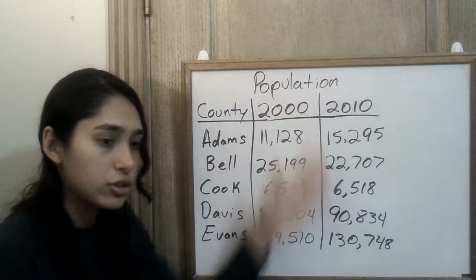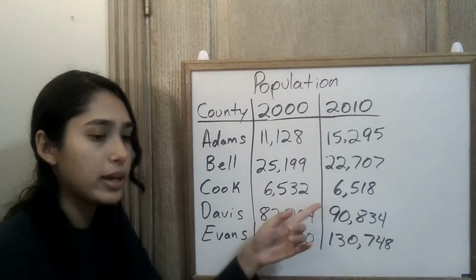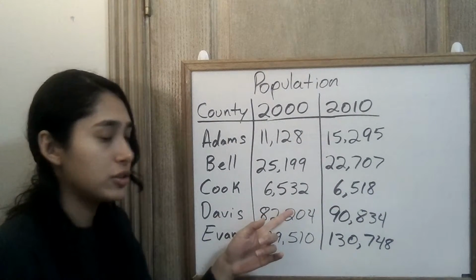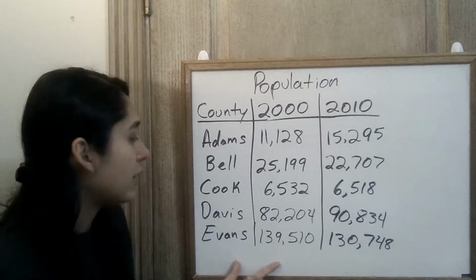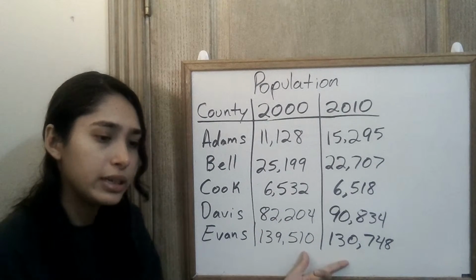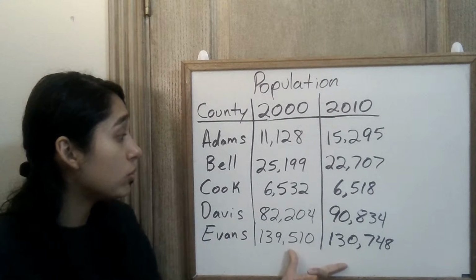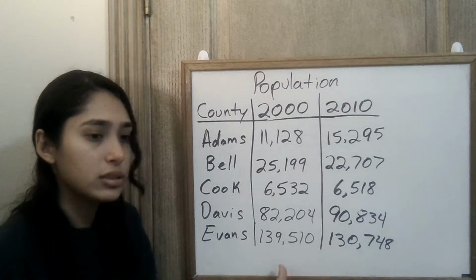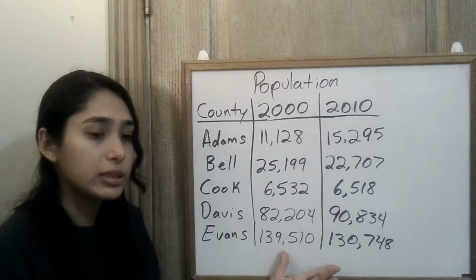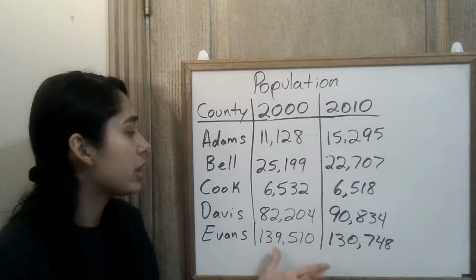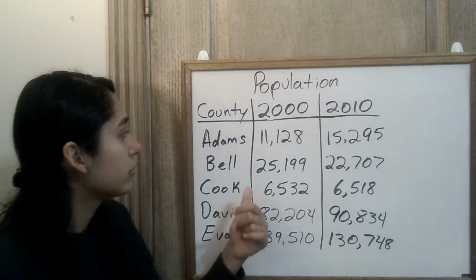But other than that, just looking at the numbers plainly, we can just expect Cook County to remain small. Now we're looking at Evans. We've seen a decrease of at least 10,000 people, but it's still one of the largest counties. Nonetheless, it would probably receive a lot more money compared to Cook County.